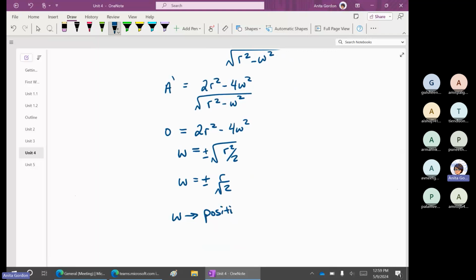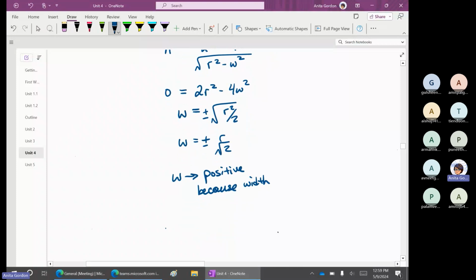I'll just write it out because width, it's a value. When we go to plot it, we'll have the coordinate positive R over root 2, negative R over root 2, but the actual value of W is R over root 2. So then last step we need is L, which is the square root of R squared minus R squared over 2.